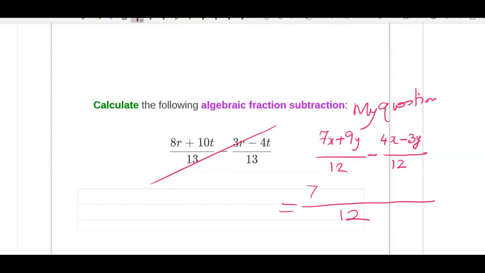12, 7x plus 9y minus 4x. You got to be really cautious. This is negative, and another negative. That'll give you positive 3y.